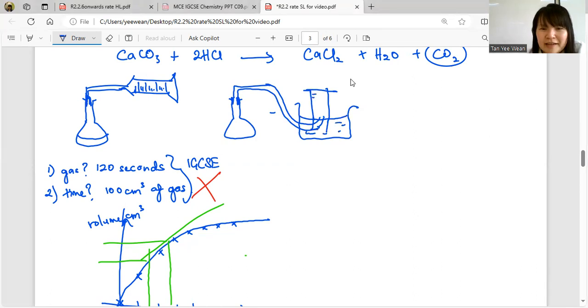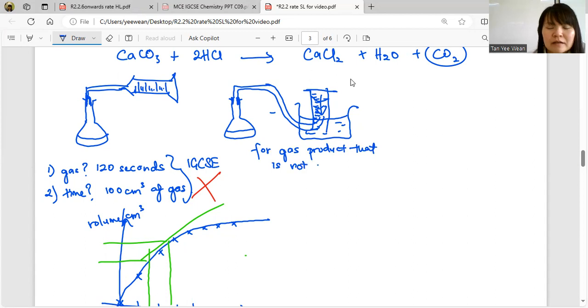Okay, you get the idea, right? So the inverted measuring cylinder, and as the gas is produced, the water level will go down. But if you want to do this method, make sure that the gas is not soluble in water.